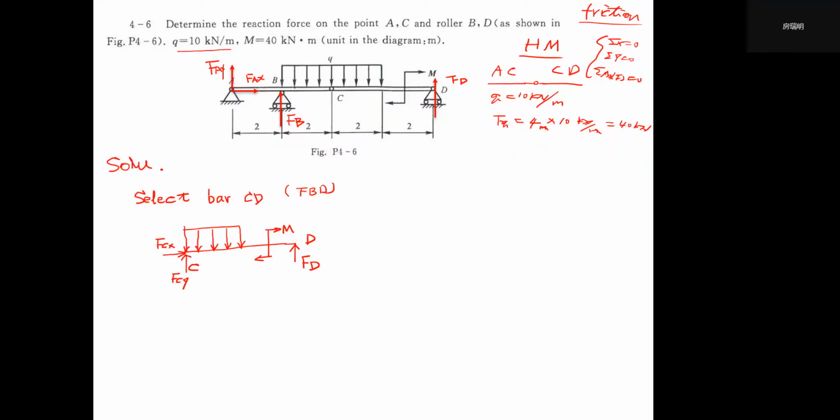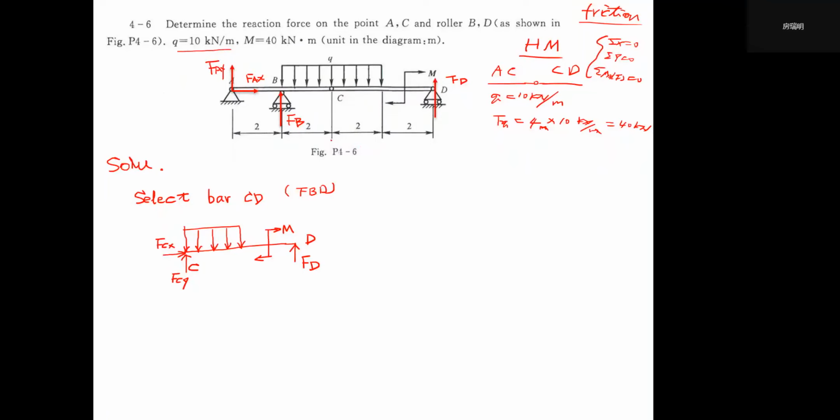That means we imagine we free this part CD from the original system, right? You should know this process is imaginary, not for real.